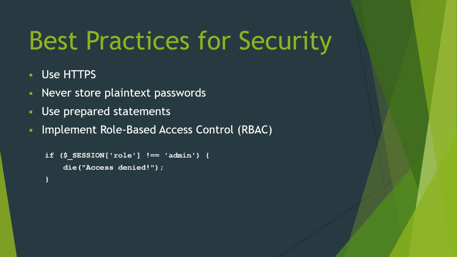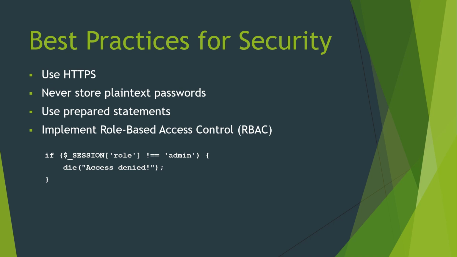Now, finally, let's go over some best practices for securing user authentication. One is we use HTTPS for live applications, especially ones where we're allowing someone to log in or enter secure information, things like that. You want to always use SSL/TLS encryption, and that's going to protect the login credentials.